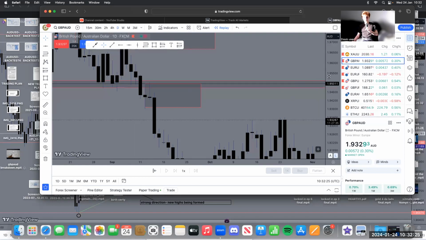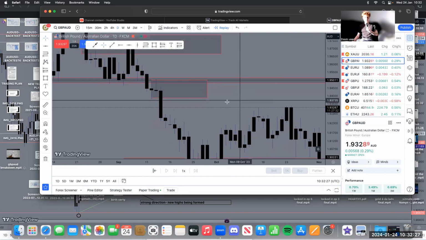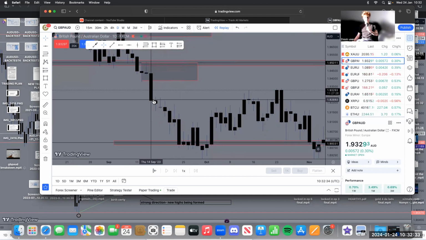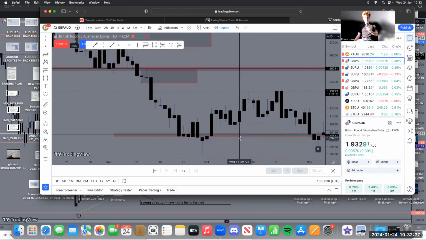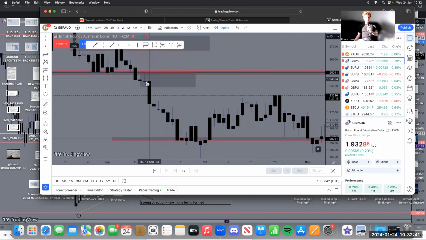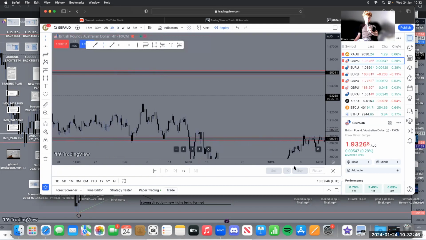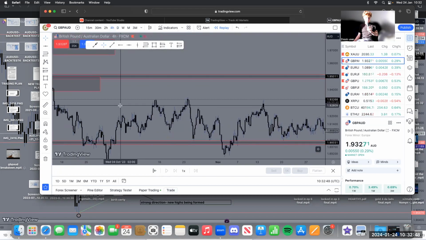That already is enough to say, okay, we are selling. Then you have this trapped volume candle where we break out of, boom, more signs to sell. Where's your next take profit? Your next psychological level at 1.900. So adding this trapped volume is just extra confirmation for you, making it easier to place the trade and hold it.